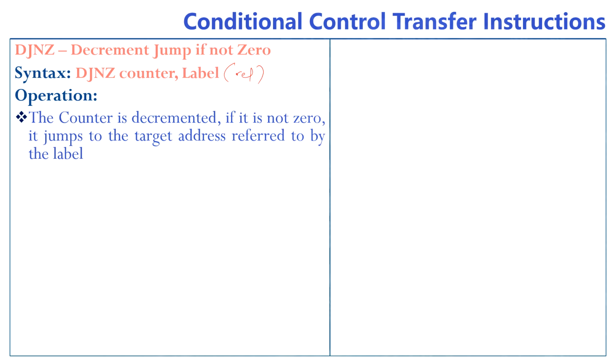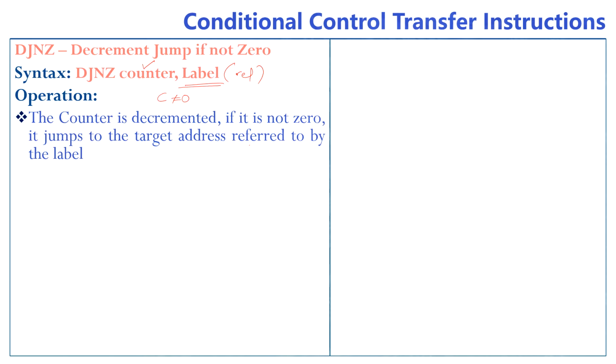The operation is that the counter is decremented, and if it is not 0, it jumps to the target address referred to by the label. That means this instruction first decrements the counter by 1 and then checks whether the counter is not equal to 0. If it is not equal to 0, the condition is satisfied and it jumps to the label location.